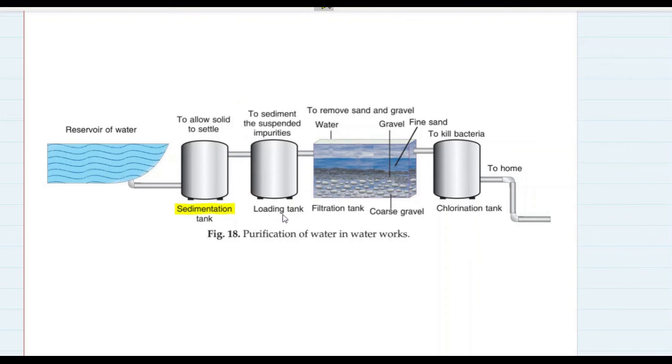Water is allowed to stand for a long time. In this standing water, all the heavy insoluble impurities get settled down. And this heavy impurity, which is insoluble in water, is known as sediment. So sediments get settled down and the water from the top is removed and it is put into the loading tank.